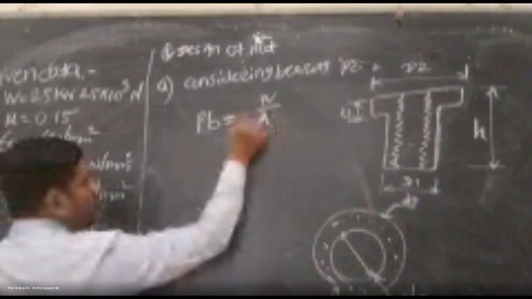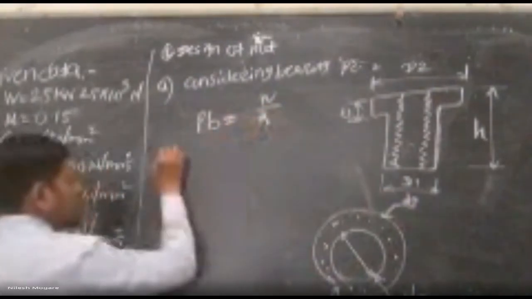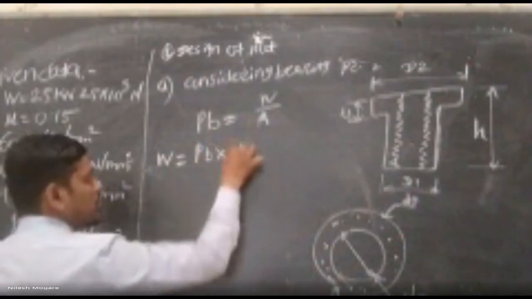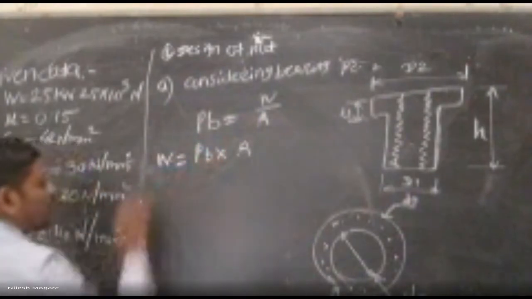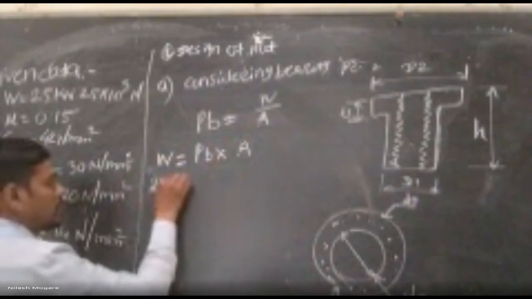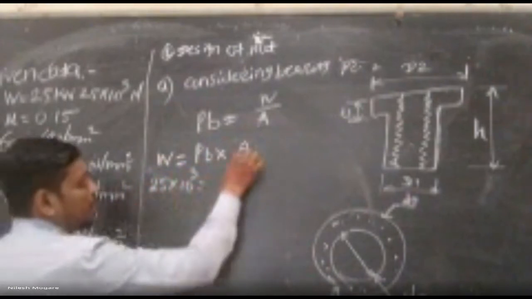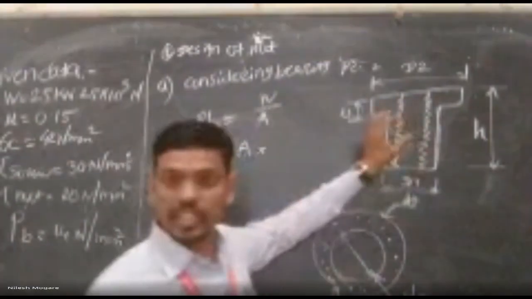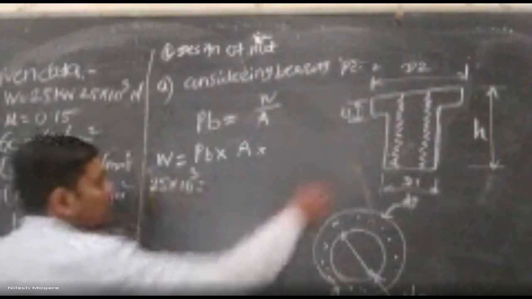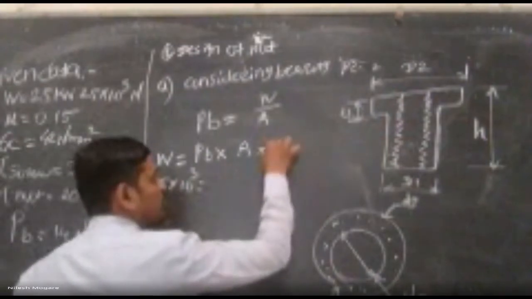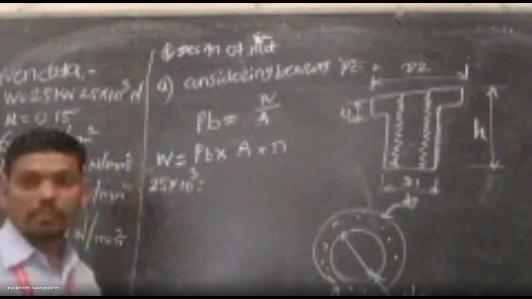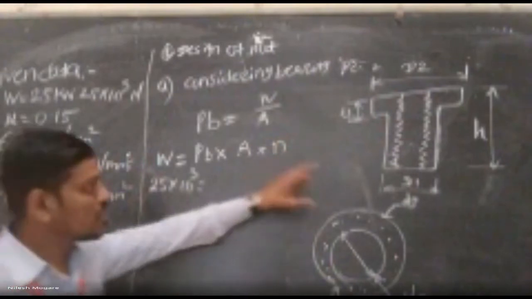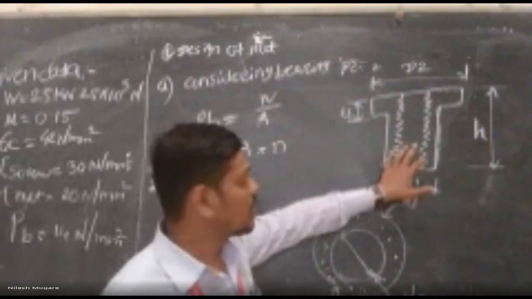So put the value of A here. So first we simplify formula. W is equals to PB into A. So we have value of W, it is 25 into 10 raised to 3, and then the total number of threads which get engaged with screw. From here we have to calculate. So for that we have to multiply by n. N is nothing but number of threads which get engaged with screw and nut.